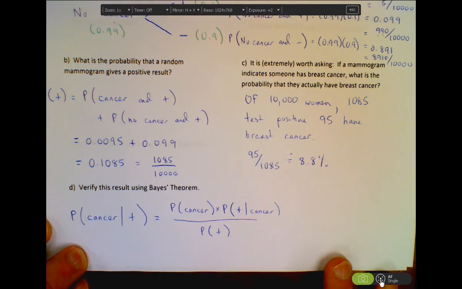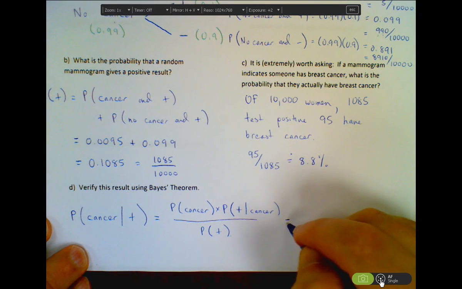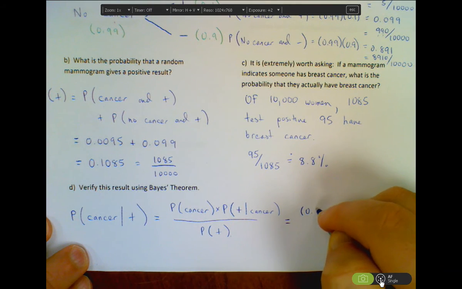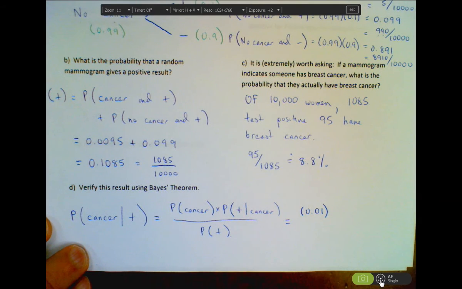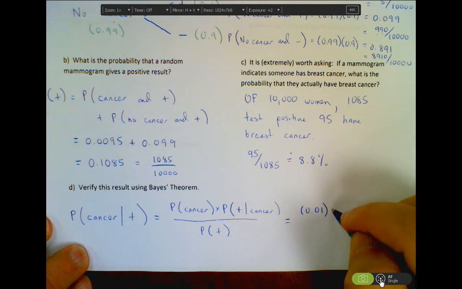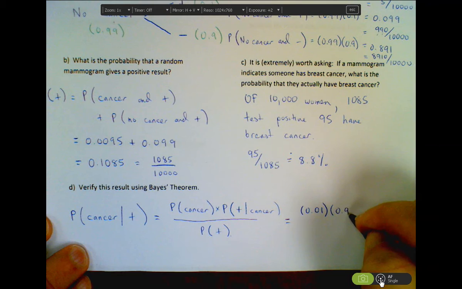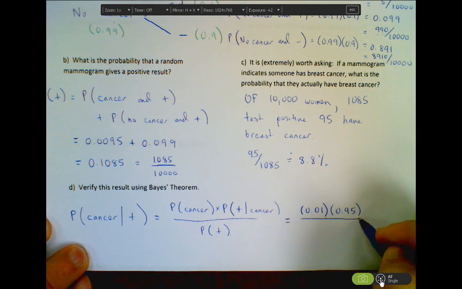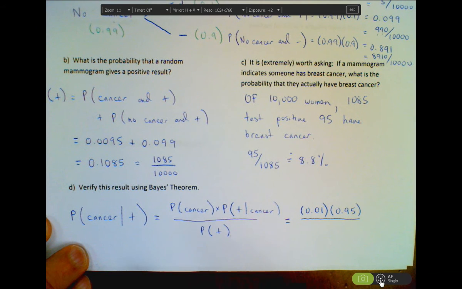And we have all these things. So in the initial setup of the question, we assume that 1% of women between ages 40 and 50 have breast cancer. The probability of a random woman having cancer, 0.01. The probability of testing positive, given you have cancer. So this is just kind of the success rate of the test. The question says that if someone has cancer, the mammogram catches it 95% of the time, so 0.95, divided by the probability that somebody tests positive.